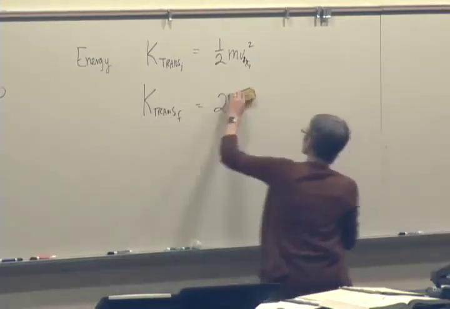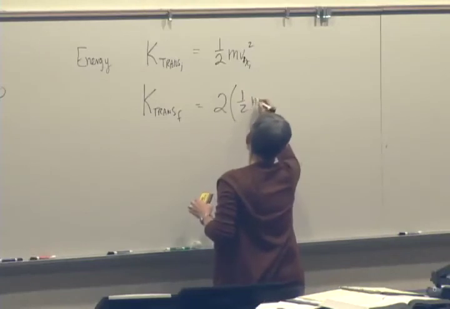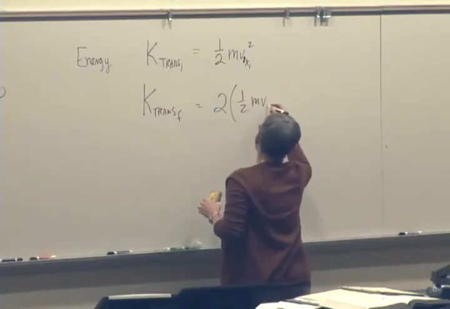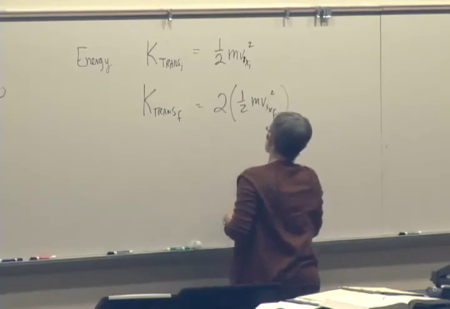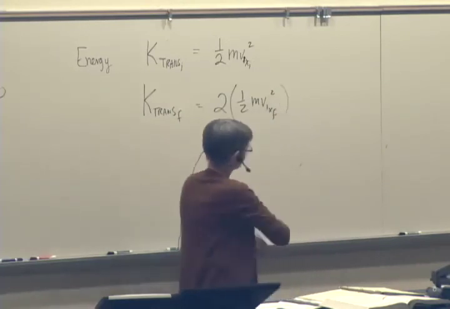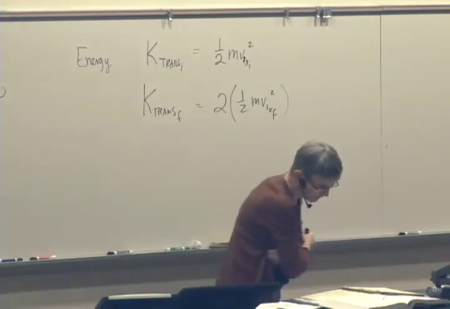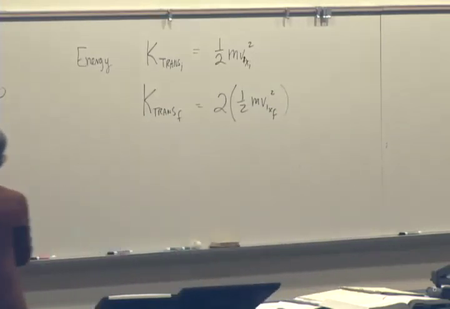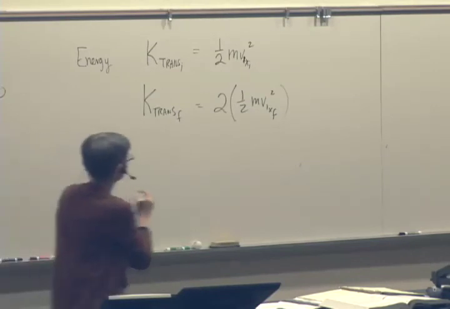So we have 2 times half m v1 final squared. But we know that v final was half of v initial.